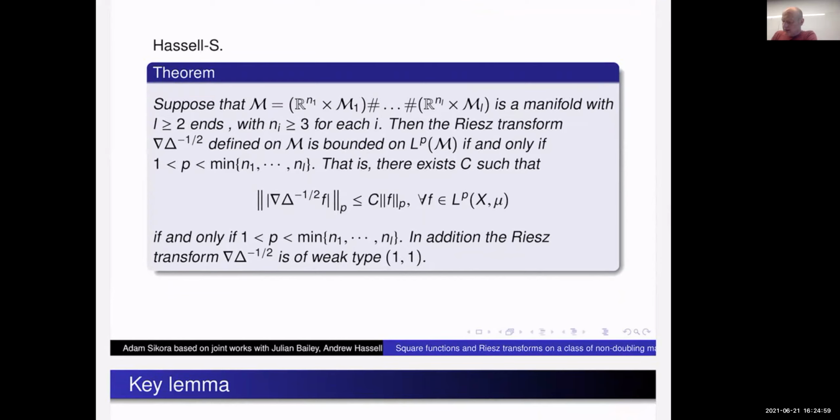Even if you take two connected planes, or two connected R3s, where you still have doubling, the Riesz transform is not going to be bounded for all p between 1 and infinity, but only for some range starting from 1 and going to the minimum of the dimensions at infinity. That is in a sense quite a surprising statement.